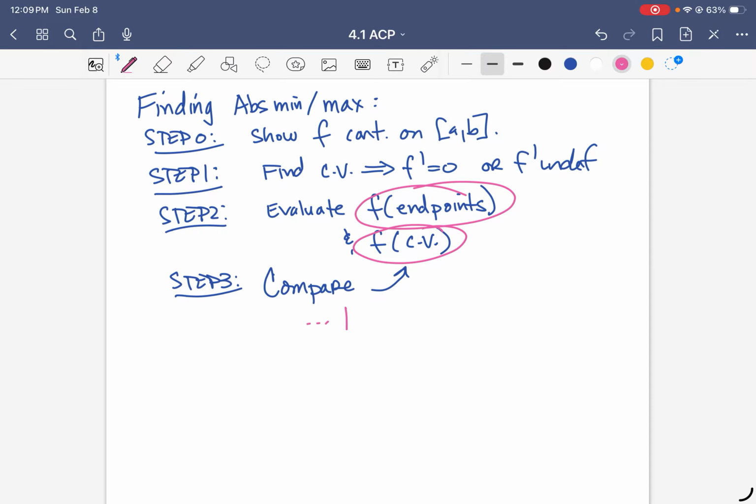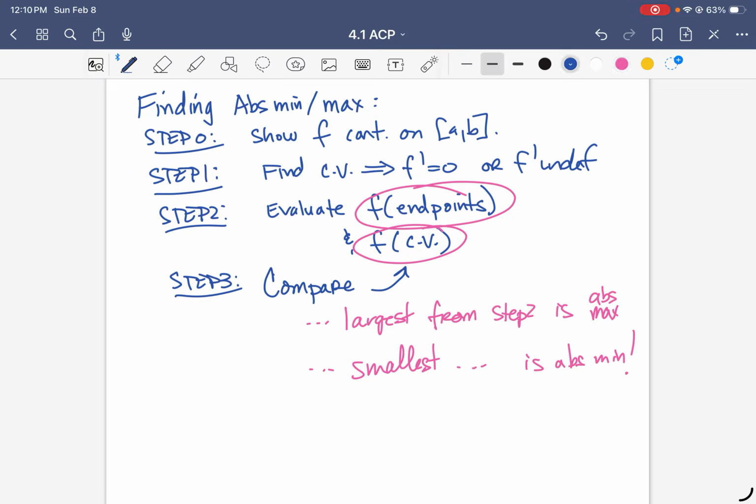The largest from step 2 is the absolute max. The smallest is the absolute min. So that's how you find an absolute min or max.